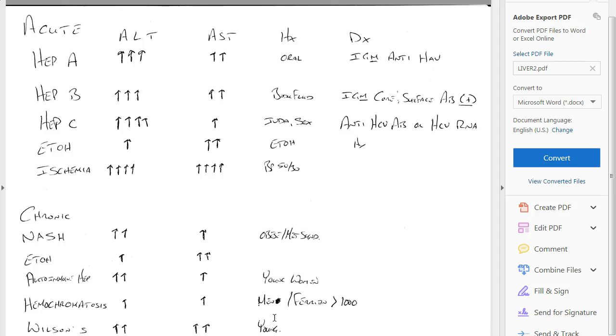Essential tremors in the extremities, and their head and neck is moving all over the place. All right.